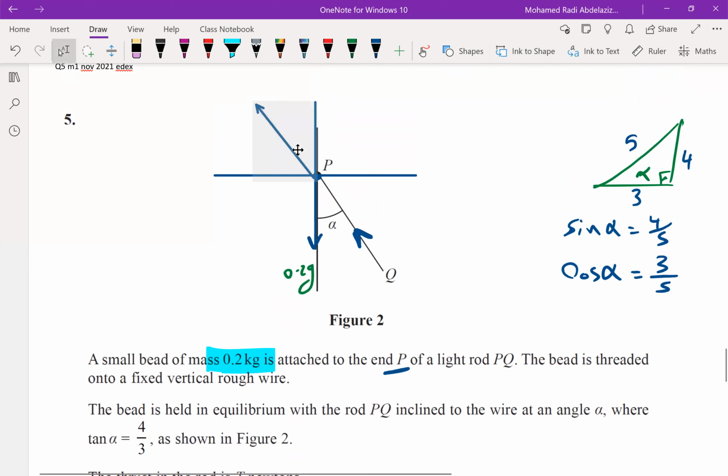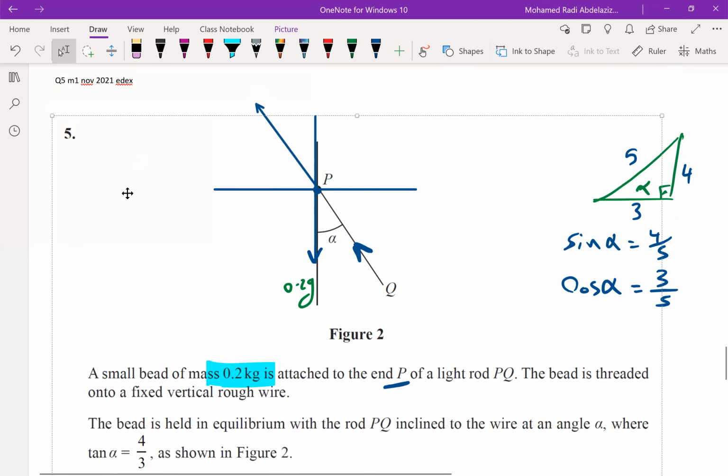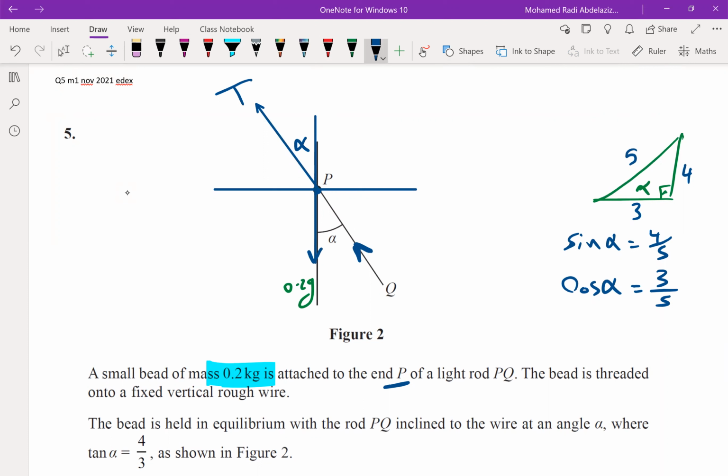So if you extend the direction of this force, it will be like this. This is T. Vertically opposite angle, so this is alpha. So now if you resolve it, it will be T cosine alpha and T sine alpha.